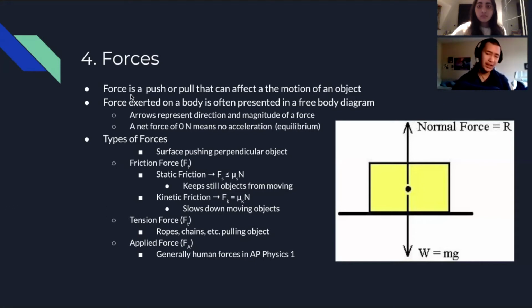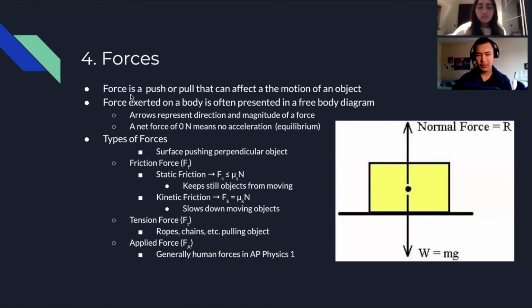And when it can't increase anymore, the object starts moving. And the friction you get when an object is moving is kinetic friction given by F sub k equals mu sub k times n, where n is normal force. And this is what slows down moving objects.